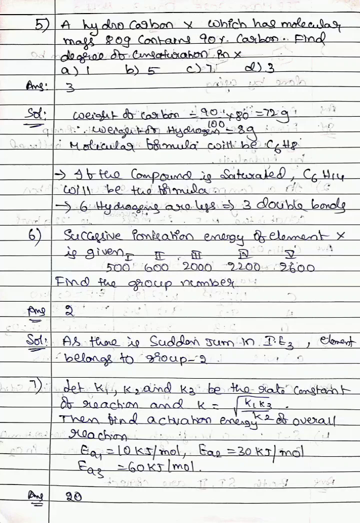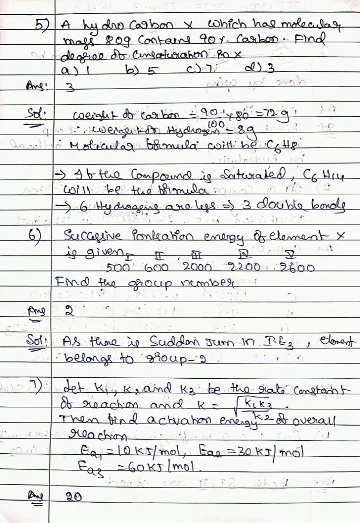Next one, let K1, K2 and K3 be the rate constants of the reaction K they have mentioned, and they are asking us to calculate the activation energy of the overall reaction. Last time they have given this type of question, where the root was not given. There is a simple trick to calculate. See here, K1 means A1, K2 means A2, K3 relates to A3, right?